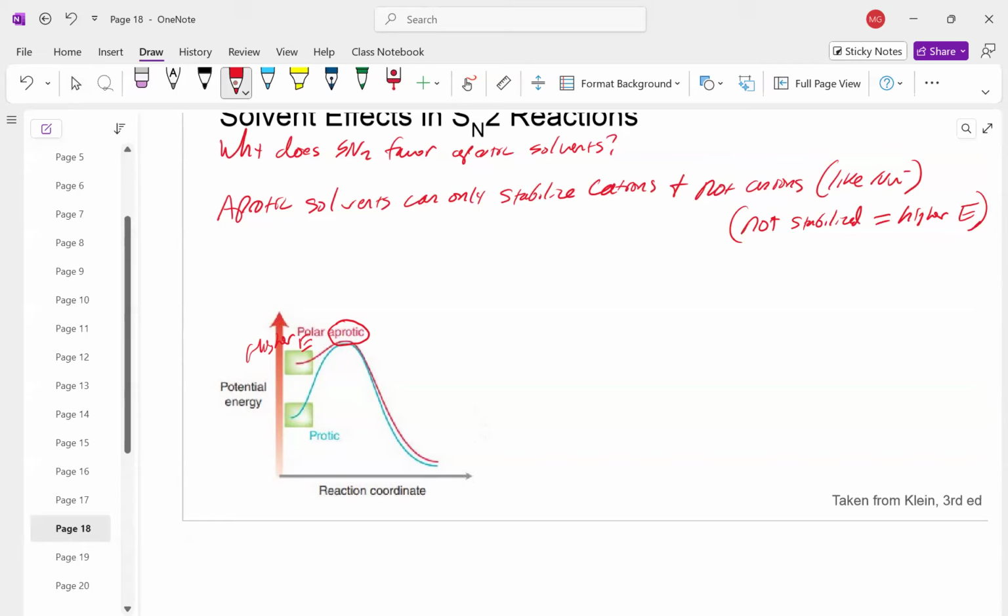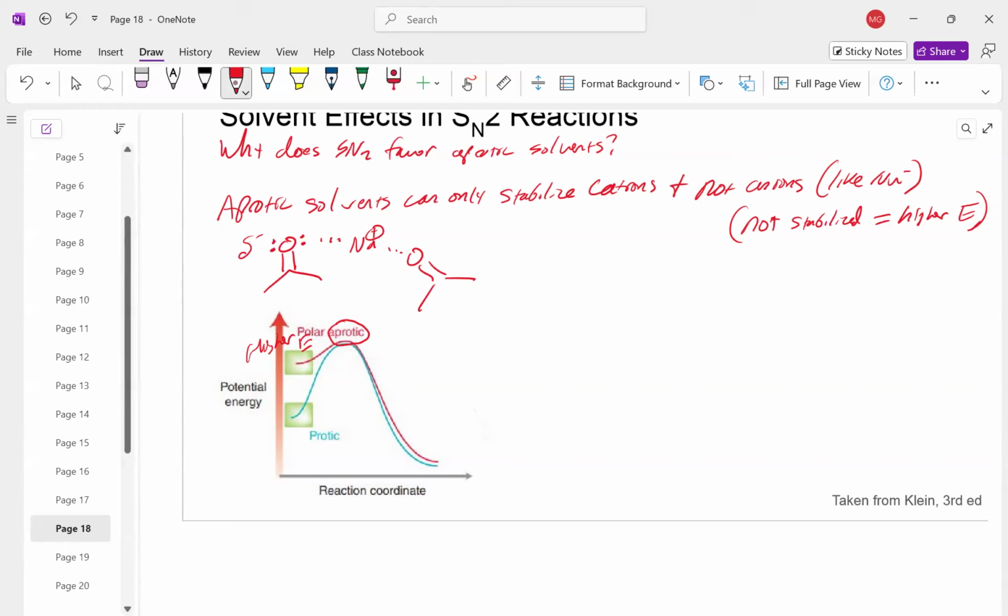If we look at an aprotic solvent like acetone, for example, there are no OH bonds here. So it's not a protic solvent, it's an aprotic solvent. And that oxygen, because it's partially negative, can only help stabilize ions like cations, which are pretty much just spectator ions in reactions like this. So it doesn't really help in stabilizing the reactants.